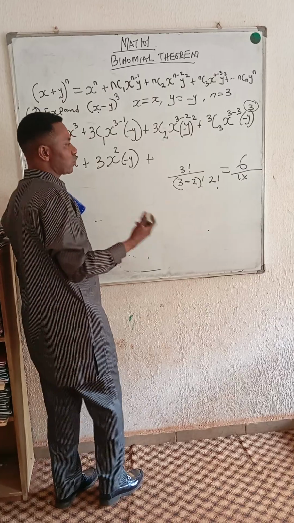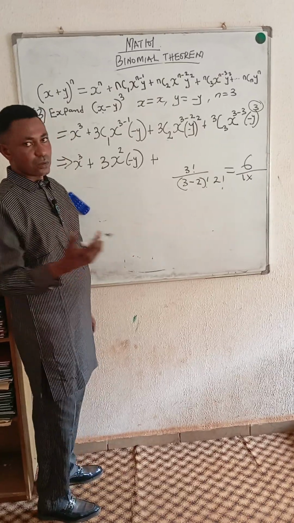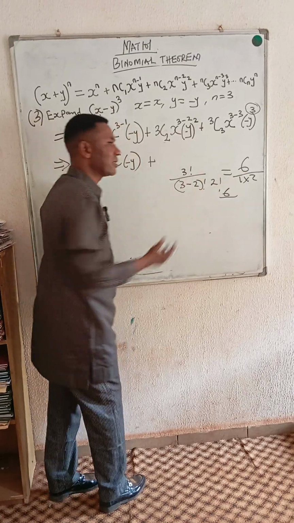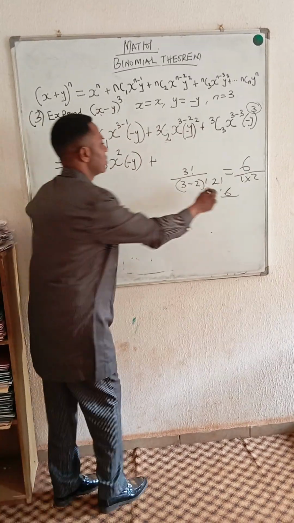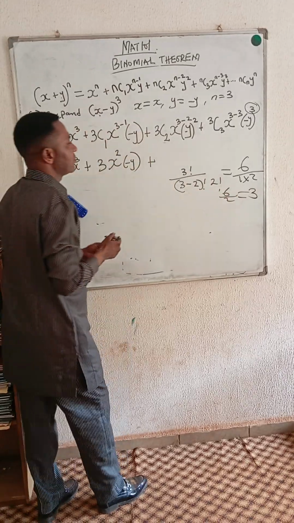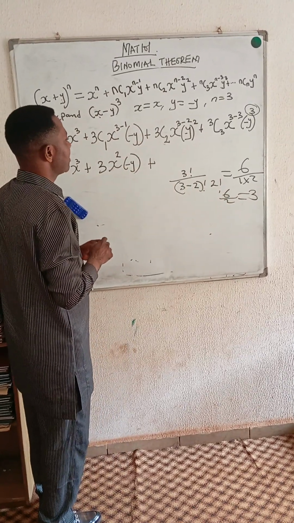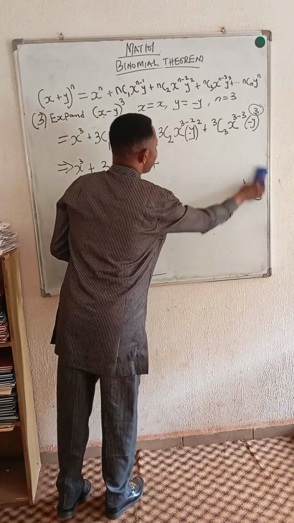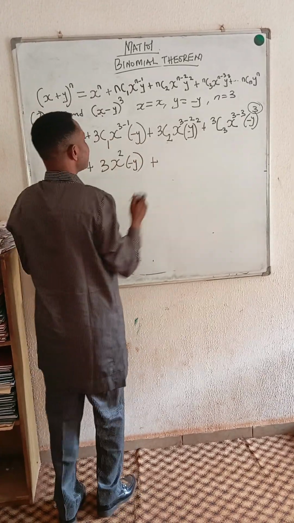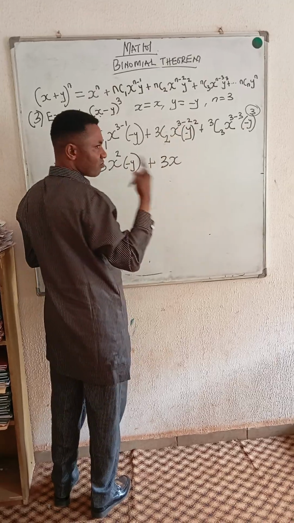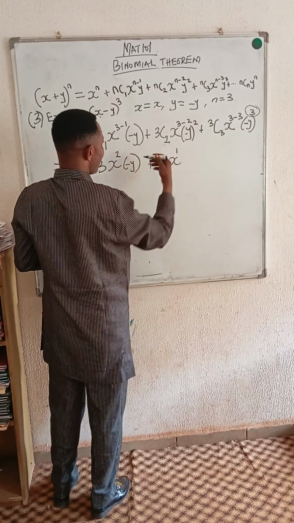What is 2 factorial? 2 times 1, which is 2. Now we have 6 all over 1 times 2, which is 2. So 6 all over 2 is 3. So we are bringing 3 there again, 3 x, 3 minus 2 is 1. So let's still put it, we're going to remove it.